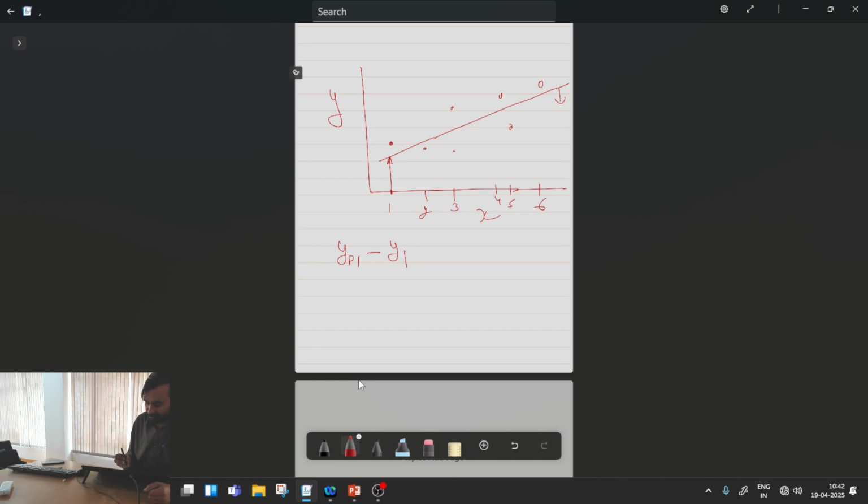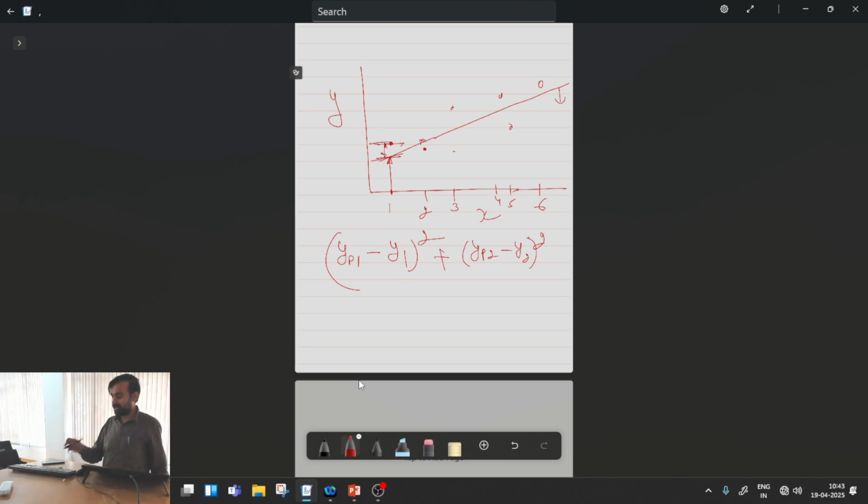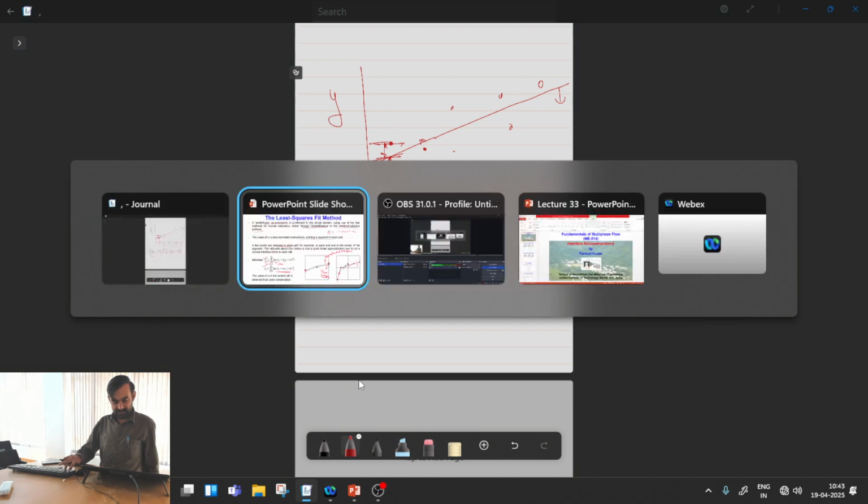So this is the difference which I have calculated. I will take the square of this, plus yp2 minus y2 whole square. Likewise I will take it for all the points, and then I will try to minimize this error so that the overall value of the error is least. That is what I am doing in the least squares method.